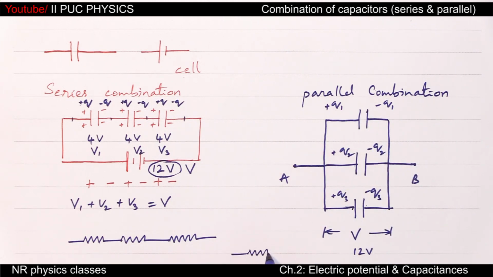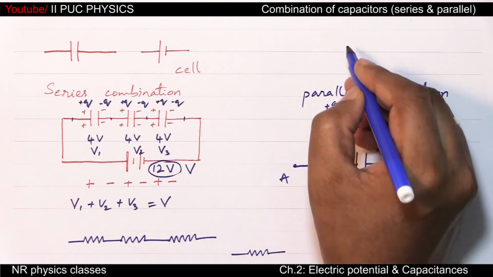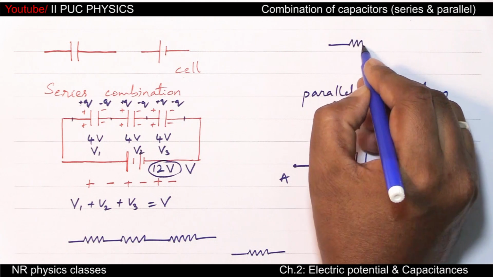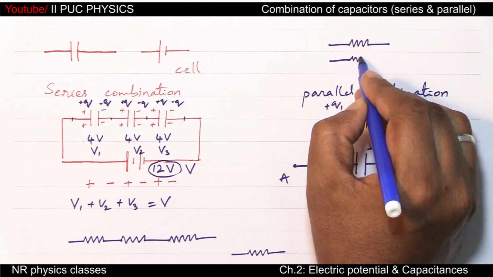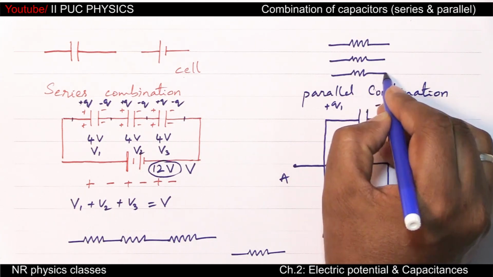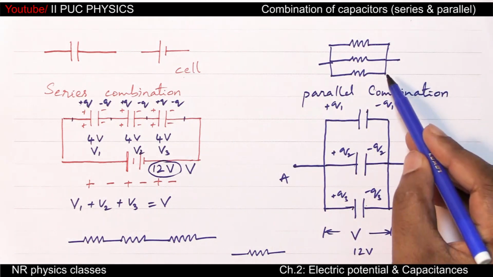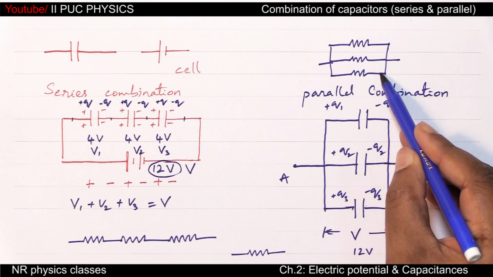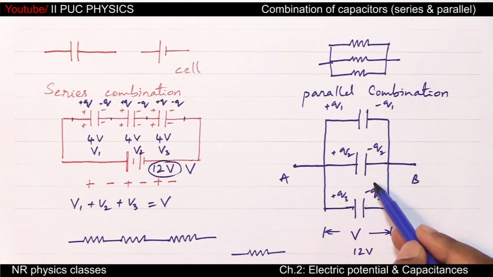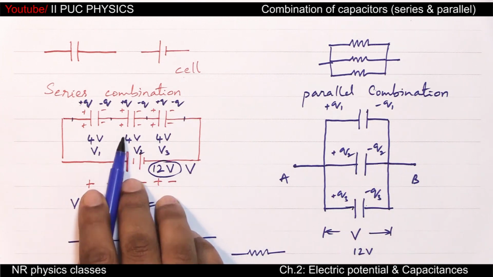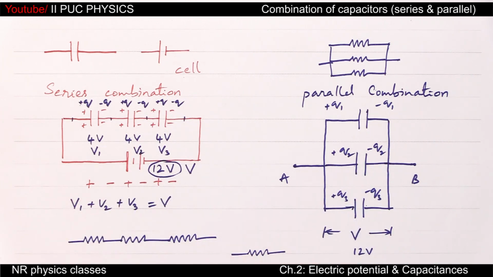Resistors in parallel means first resistor, second resistor, third resistor, all of them shorted like this. So this is the parallel combination of resistors. Here, parallel combination of capacitors. Series, parallel.